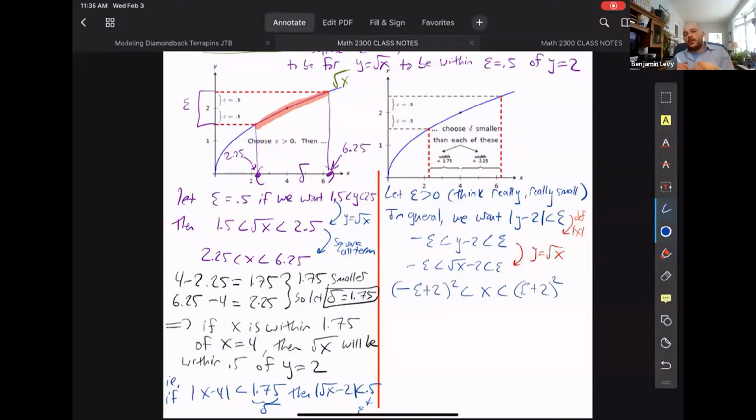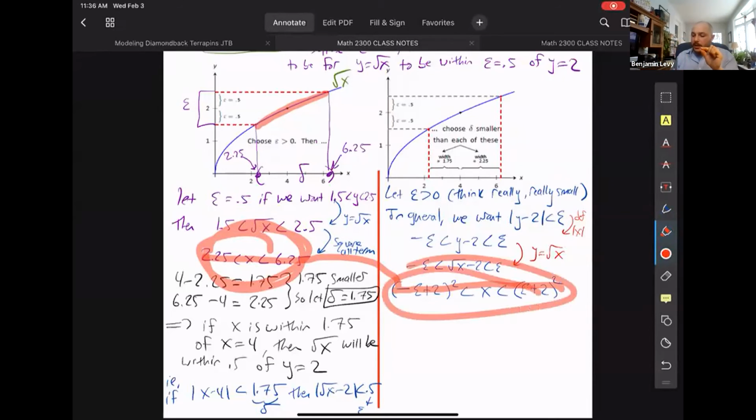Right, so I just added 2, so everything gets a plus 2. And then when you square it, it gets rid of the square root. And so this is the analogous stage as we were a second ago right here, right? Those two things I'm connecting with the red line. We're saying, as long as x is between these two values, then the output is going to be less than epsilon, except on the left, what we did first, that's specific numbers.